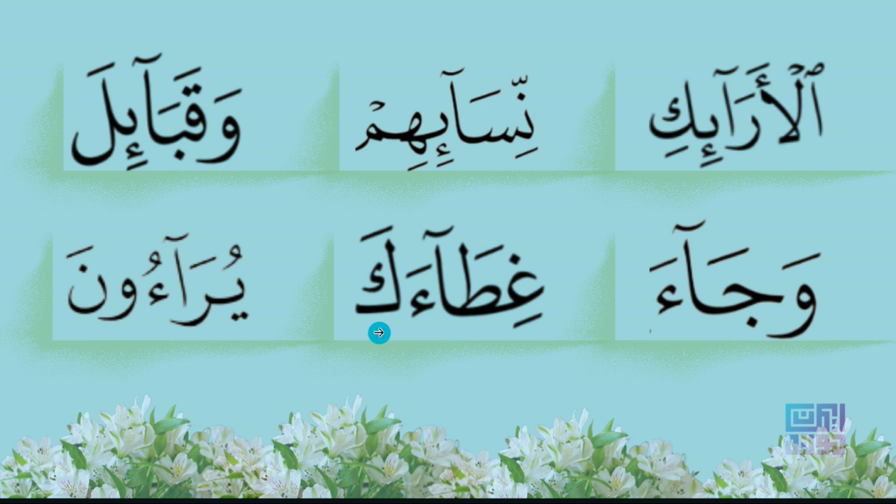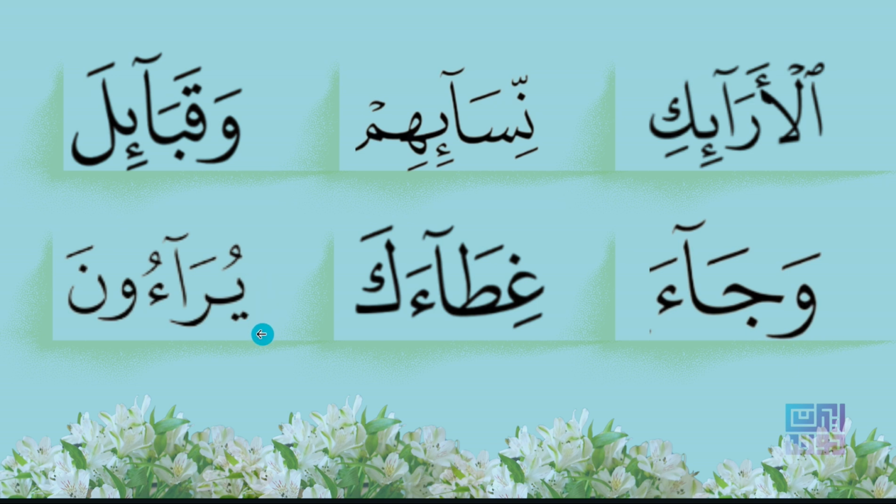Ghita'aka. Aka. Short because the hamza has just a fatha and the kaf has just a fatha. And the ghain also is short because it has just a kasra. The elongation is in the pronunciation of the alif. Ghita'aka.